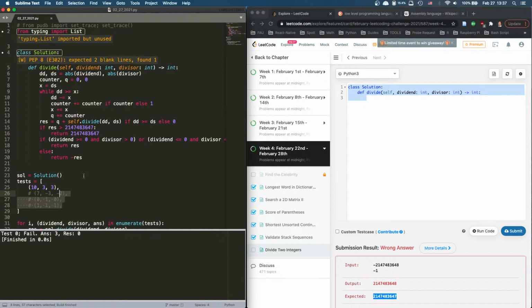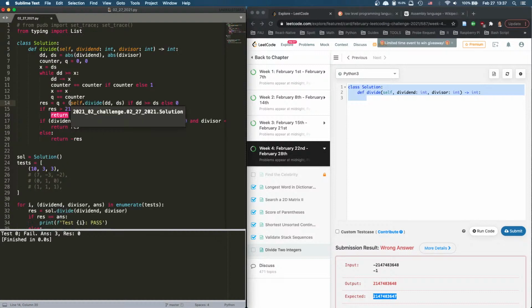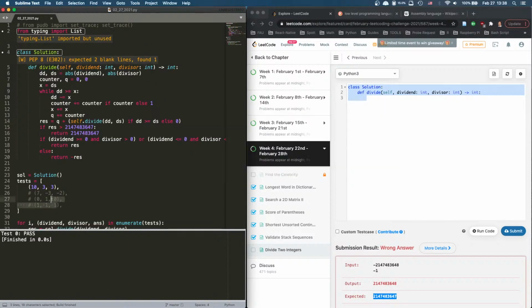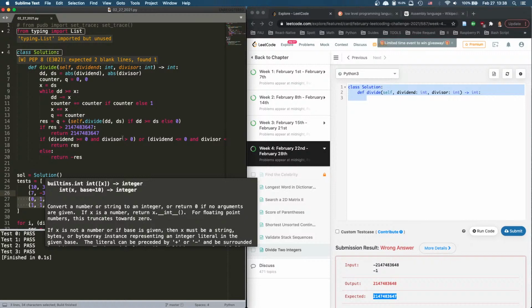Give me result is 0. What the heck? Plus this if else. Okay, I think it's because we need to put the parentheses here. So I put parentheses. Yeah, it passed now. Now everything passed.